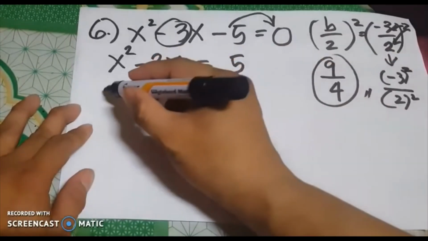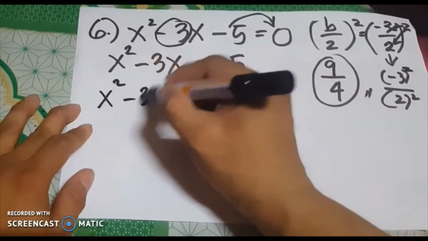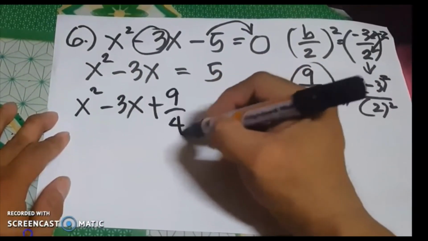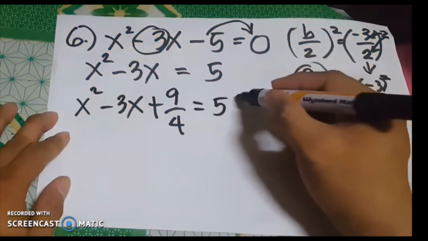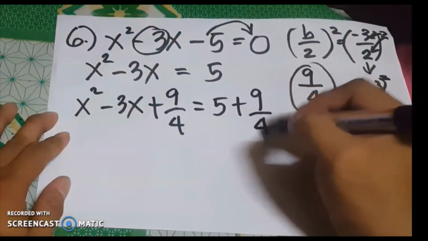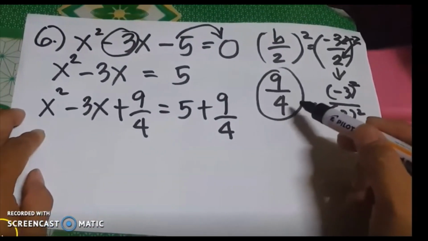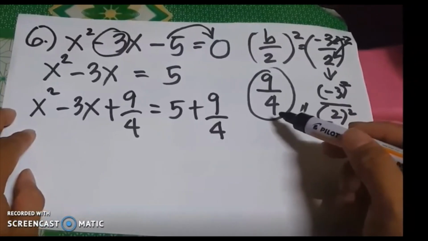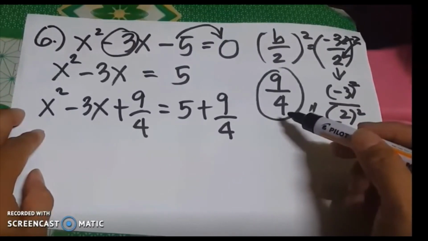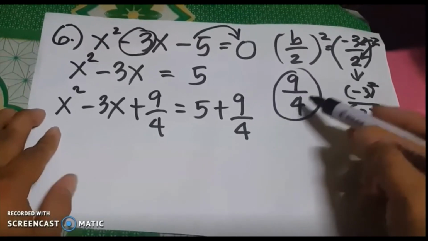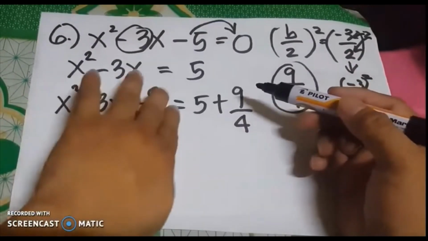So, we do have here x squared minus 3x plus that number 9 over 4 is equal to 5 plus 9 over 4. Kasi nga sabi natin, pwede maging fraction. Kasi nga, since quadratic equation yan, yung value ng a, b, and c natin can be real numbers. So, those are real numbers. So, pwedeng fraction. So, you don't have to worry about this.